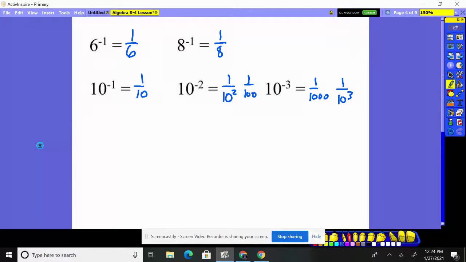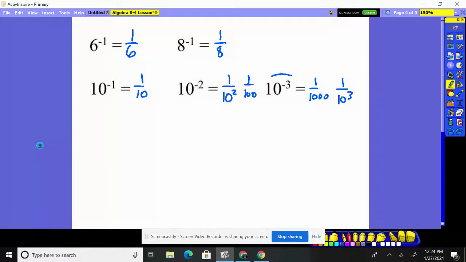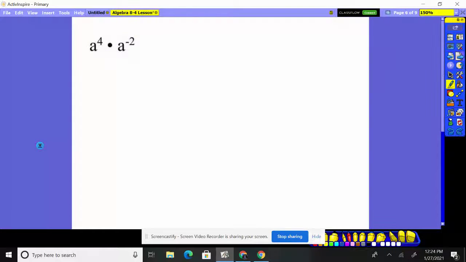A negative exponent means the piece moves to the denominator. We had 10 to the -3, and it just put 10 to the third down in the denominator. We had 8 to the -1, it just put the 8 down in the denominator.